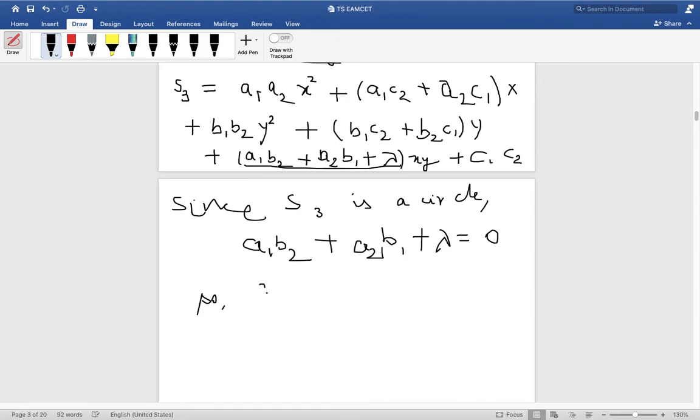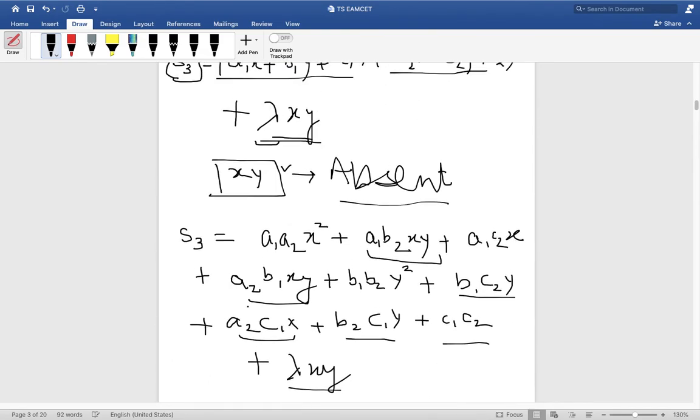So lambda is equal to minus of a1 b2 plus a2 b1. So we are done. We have found the value of lambda.